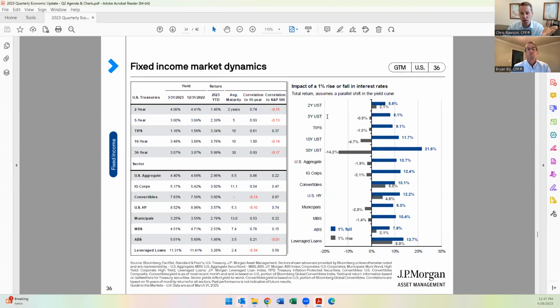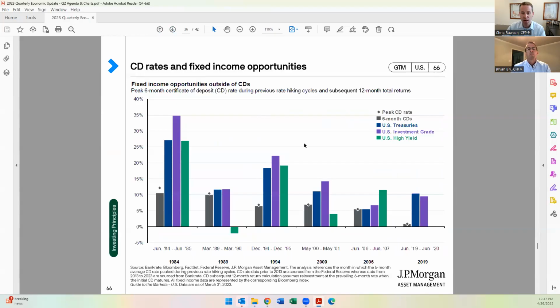And so when you see here a US Treasury 5-year bond, now this is just historical data. We're focused on these numbers and deciding how we want to position the portfolios in the next 12 to 18 months to do well as we expect interest rates to decline.